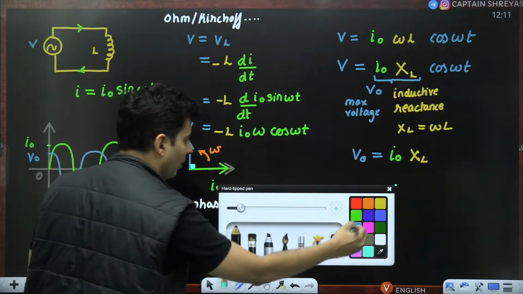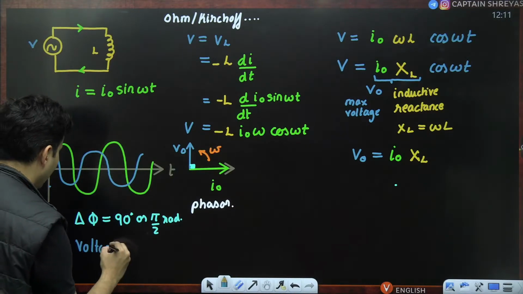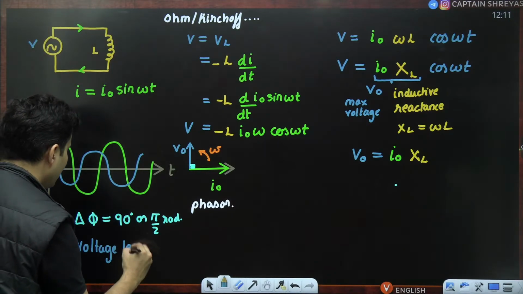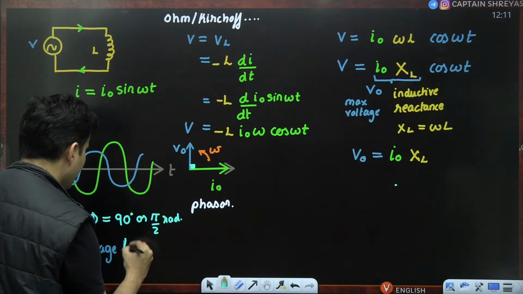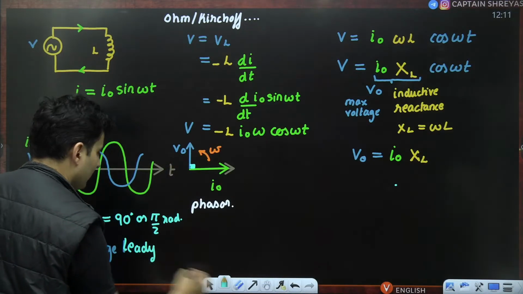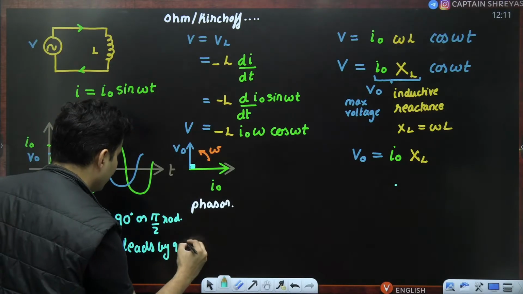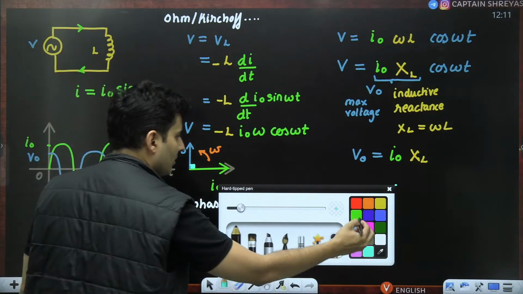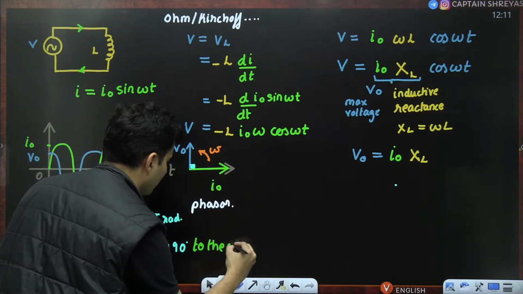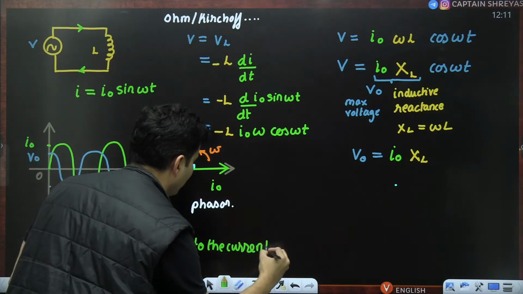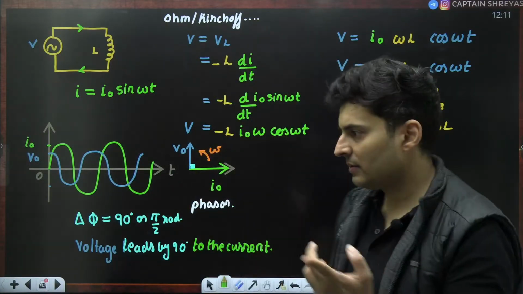That is very important. The voltage leads by 90 degrees to the current. That is very, very important. Is this absolutely clear, my dear students?